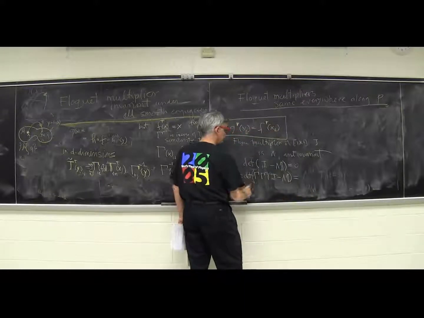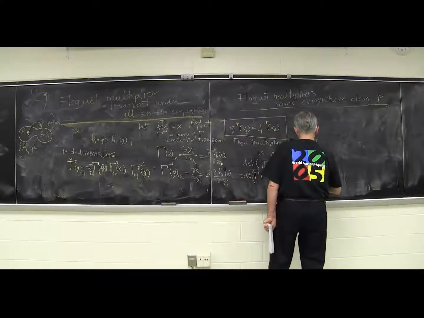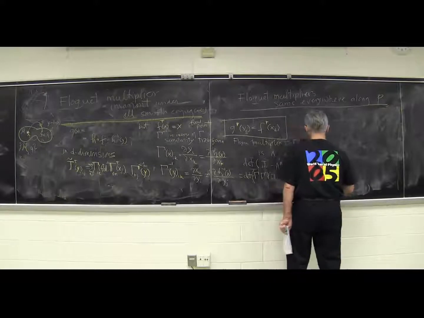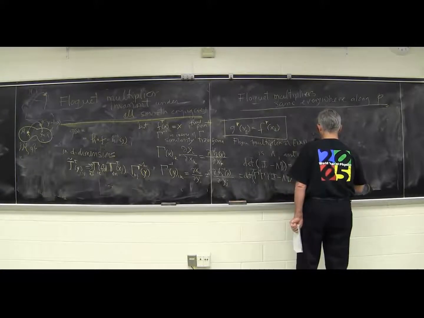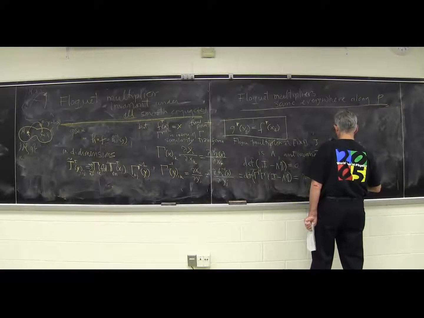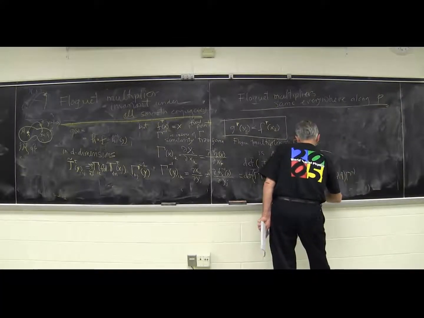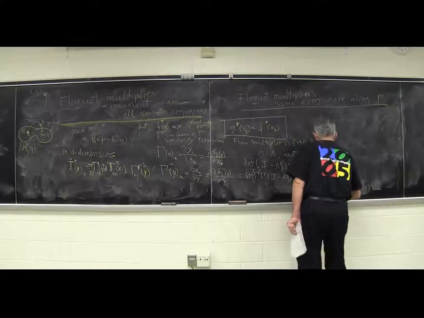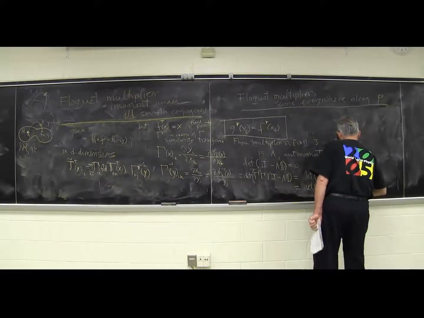Then I'm allowed to use the cyclic property of determinants and traces to write this as determinant of gamma J lambda minus. So under the similarity transformation, you'll get the same spectrum.